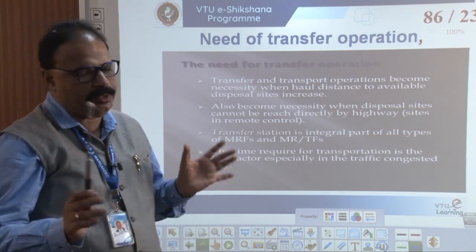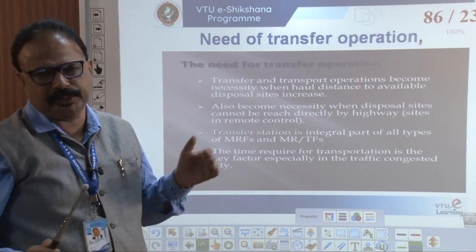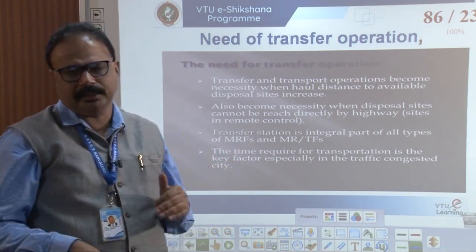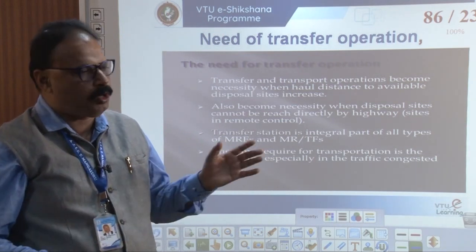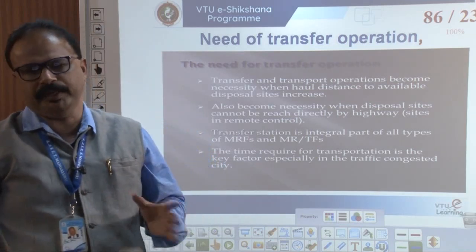Nearby, in one shed or anything, we make the transfer station. There we do the segregation, and organic waste is given for composting, and inorganic and recyclable waste is given to the vendors.